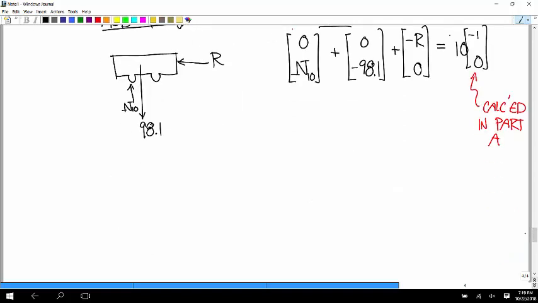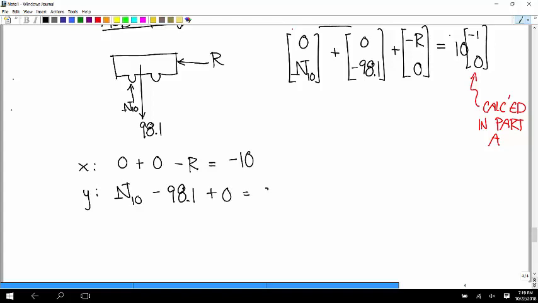And now we have two equations. The x equation says 0 plus 0 minus R is equal to negative 10. And the y equation says N10 minus 98.1 plus 0 is equal to 0. So the x equation says R is equal to 10.